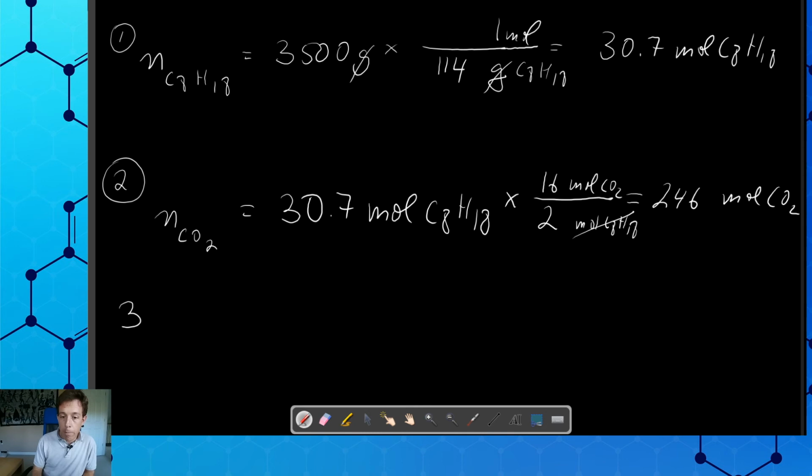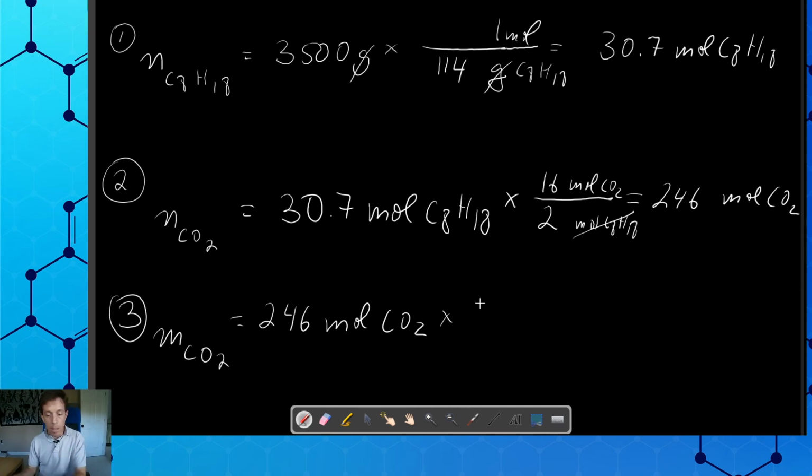And then step 3, we want to convert this now to grams and kilograms. So let's look at the mass of CO2. The mass of CO2 is the number of moles times the molar mass. So we start with 246 moles of CO2, and now we just need to multiply this by the molar mass of CO2, which is 44 grams per mole.